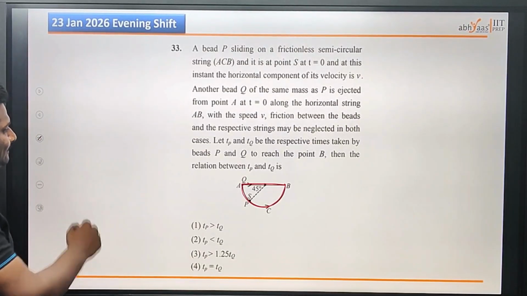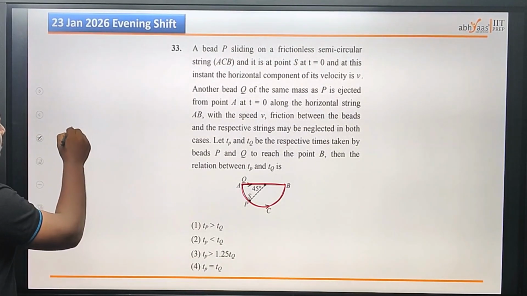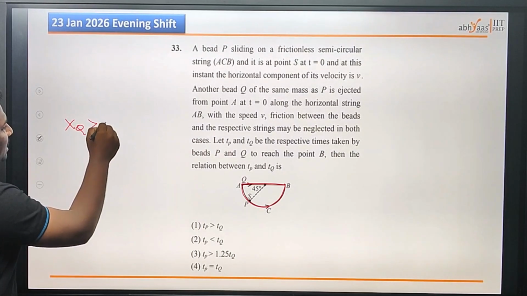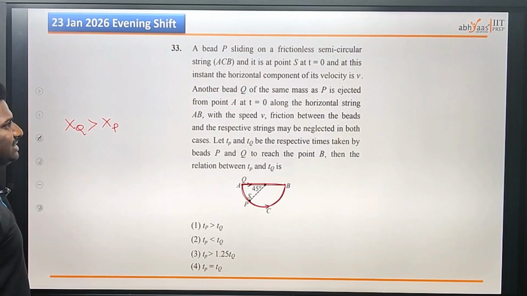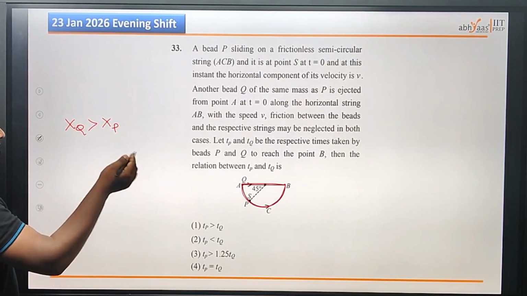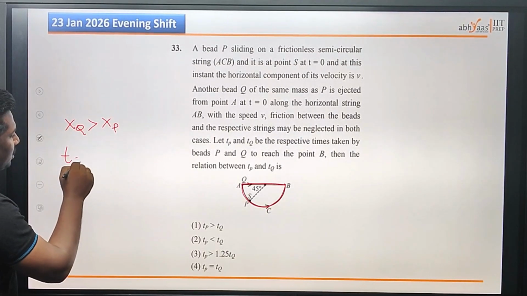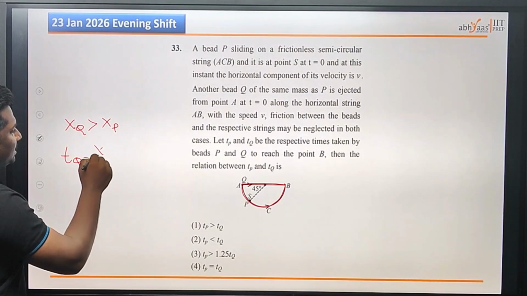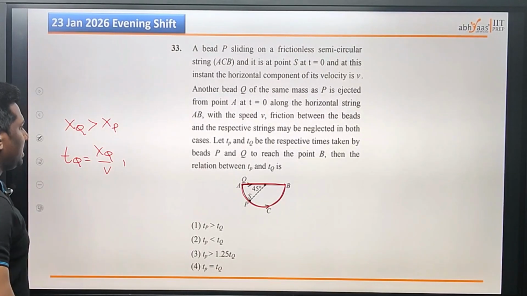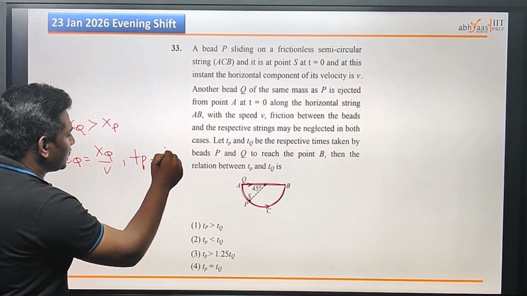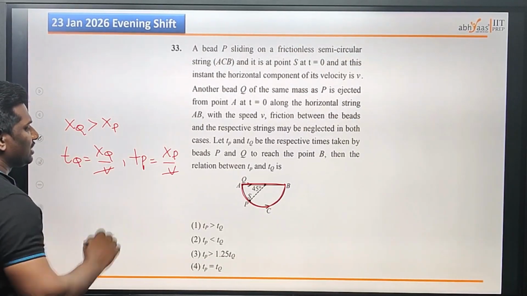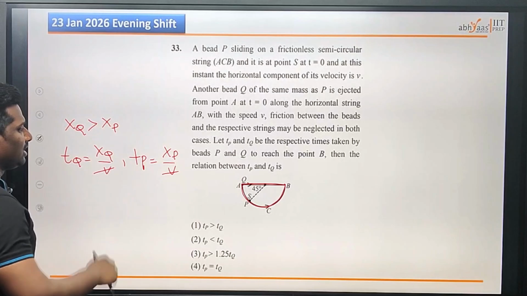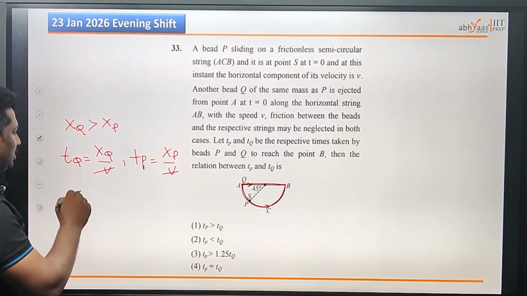If you observe here, the distance of Q is greater than the distance of P. In the question, they have given that V is the same for the two particles. So TQ can be written as XQ by V, and TP can be written as XP by V. These two are constant in this situation, so they cancel.